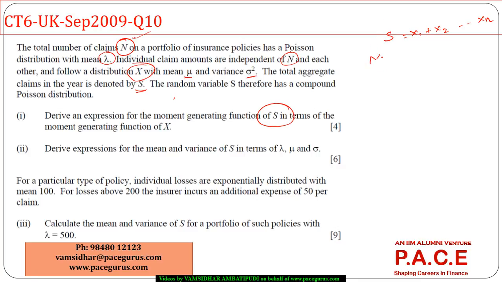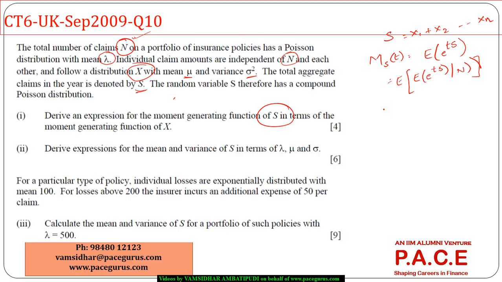Okay, so we know by definition the moment generating function of S is nothing but the expected value of e to the power of tS. This we will write as the expected value of the conditional expectation of e to the power of tS given N. We can write that.